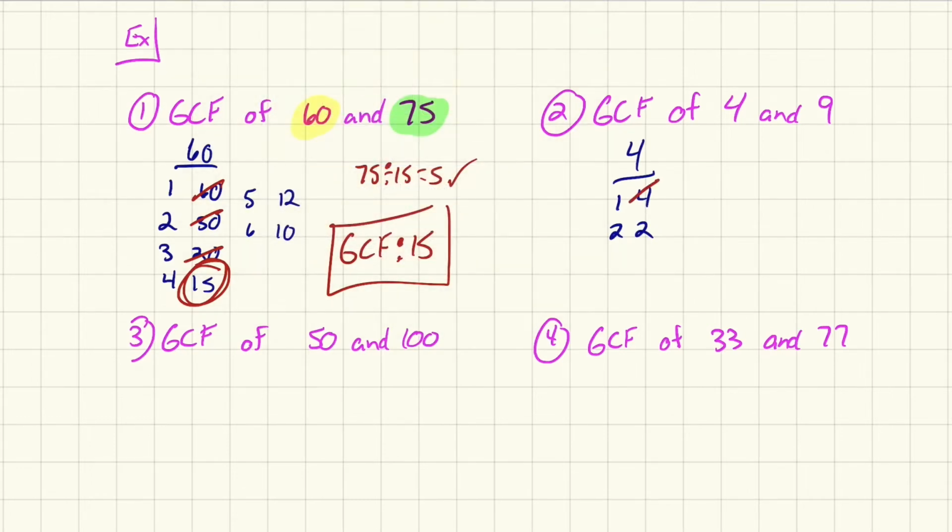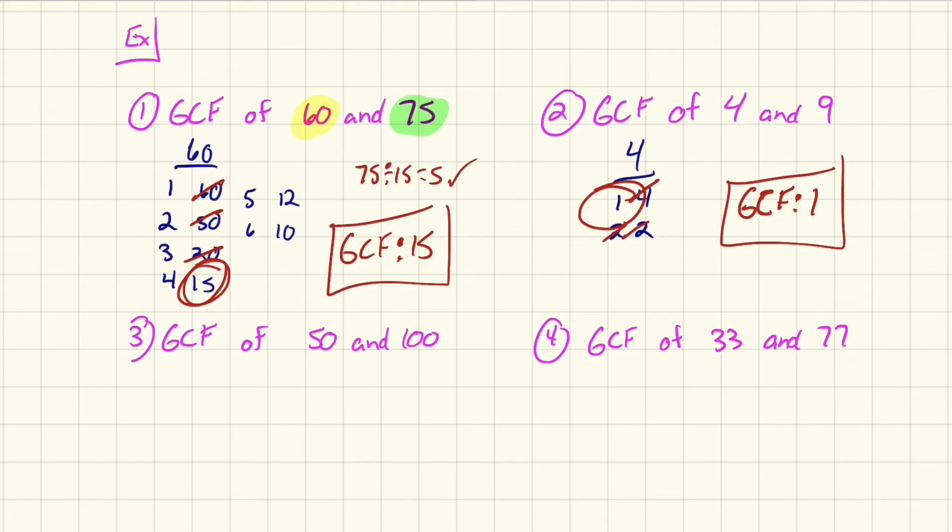No. Can 2? No. And that only leaves us with one option, which is 1. So the GCF of 4 and 9 is 1. And it's okay that 1 is an answer. A lot of times people don't think that that's an acceptable answer, but it completely is. All we have to do is just follow our process, do the same thing over and over, and that's how we get our greatest common factor.